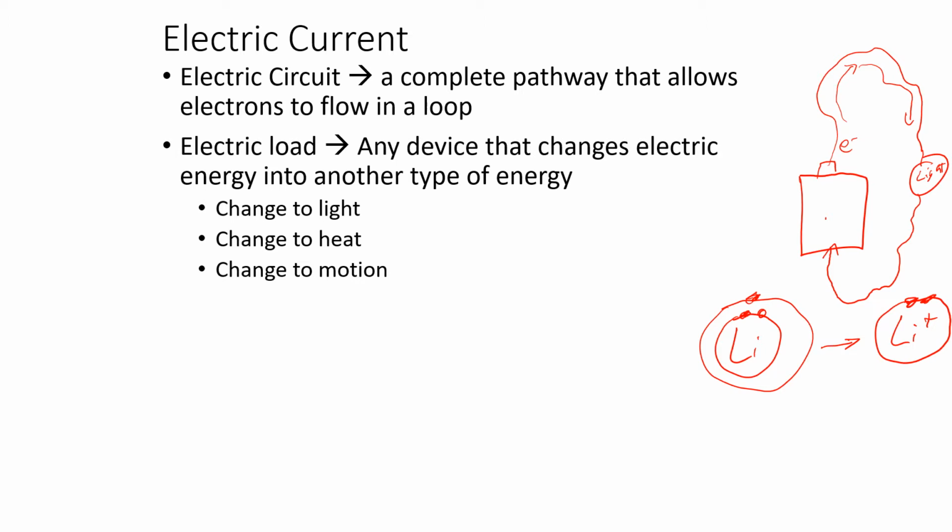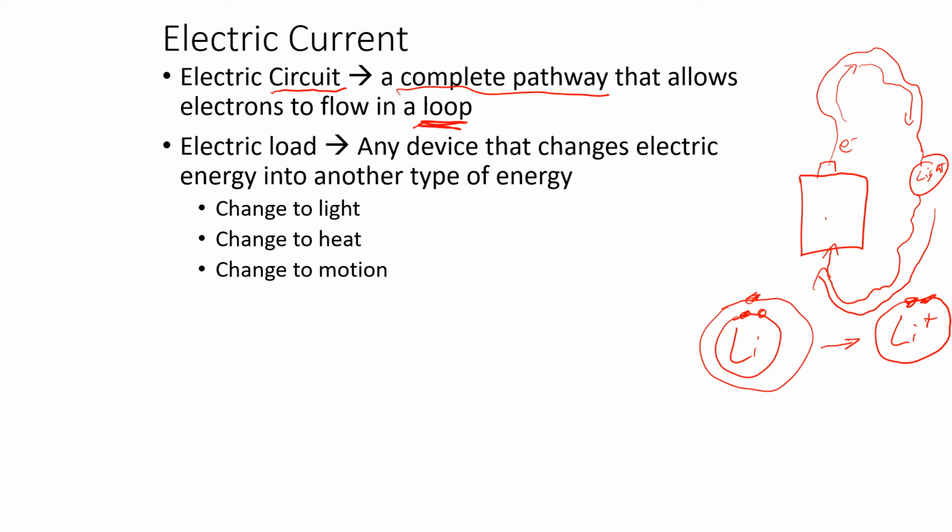And so that's why there needs to be this circuit. It needs to leave, and then it needs to also come back to the cell. That is why we call it an electric circuit, because there needs to be that complete pathway for that loop to form, for electrons to flow in a loop.